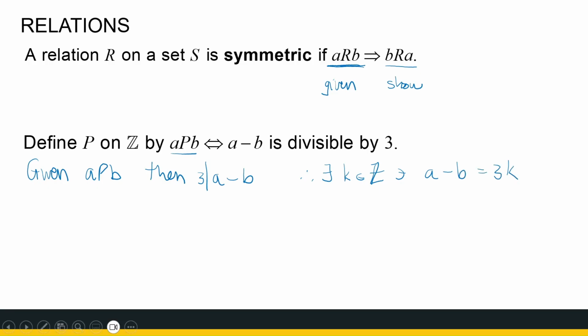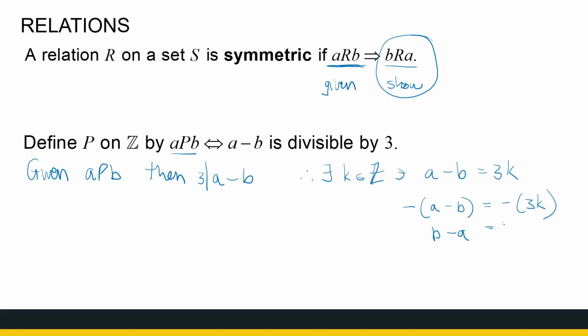All right. Now what do I want? I want to show that bPa is true. Well, bPa will be true if b minus a is 3 times some integer. Now we can see what's happening here. If I multiply this side with a minus, and I multiply this side with a minus, everything stays the same. But minus a plus b is the same as b minus a.